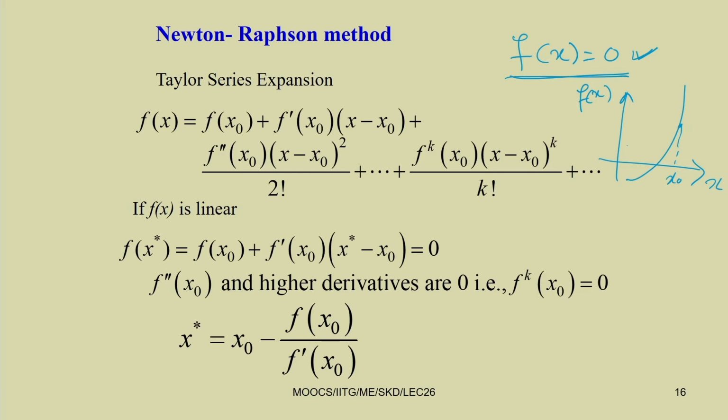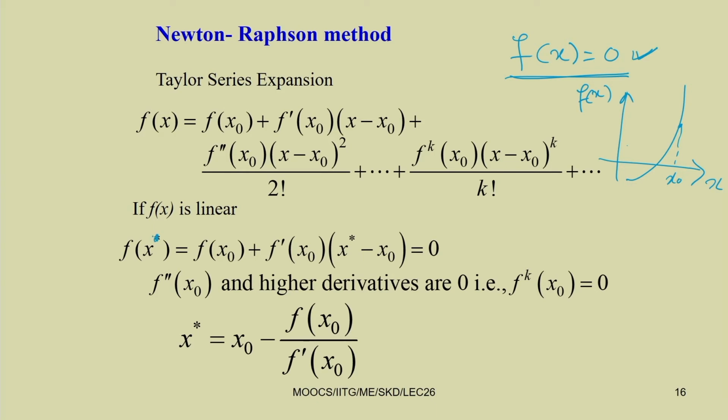So, if f(x) is linear, we can write f(x*) equal to, let x* be the root of the equation, or we can write f(x) equal to f(x0) plus f'(x0)(x minus x0).